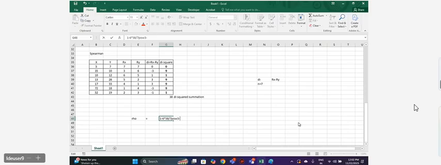So what is the value? 1 minus 6 into 38 divided by 7 raised to 3 minus 7.